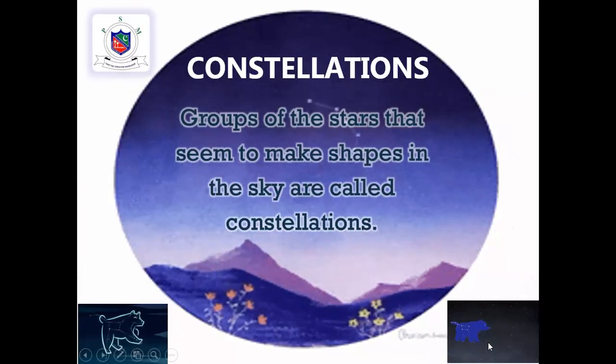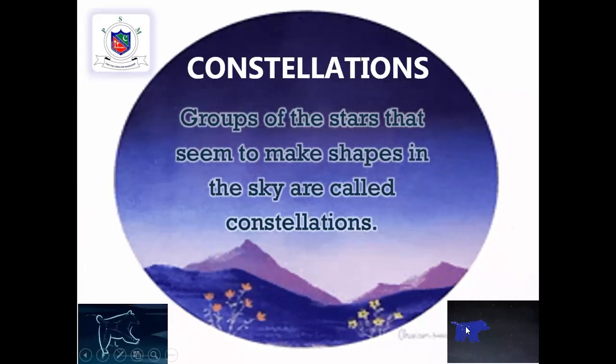The Big Bear. High in the sky, in the northern part of the world, it is possible to see a constellation called the Big Dipper. It is made up of 7 stars. You can count. The lower 2 stars, that is this part, are called pointer stars.